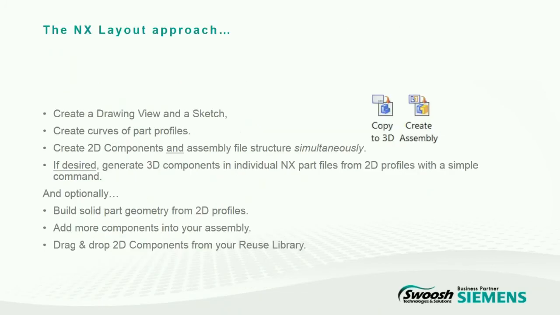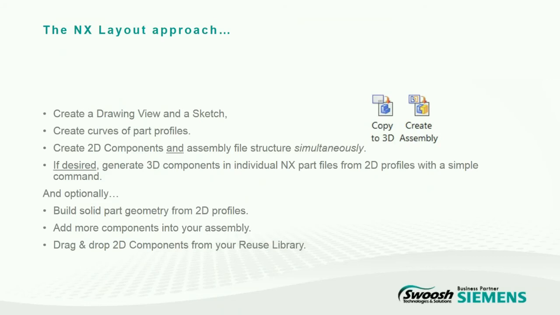The NX layout approach is, again, something you're probably already familiar with: drafting, a drawing sheet, a drawing view on a drawing, and sketching in that drawing view. You create the curves, normal sketching activity, nothing different, but you're just creating 2D profiles of the parts that are going in your assemblies.